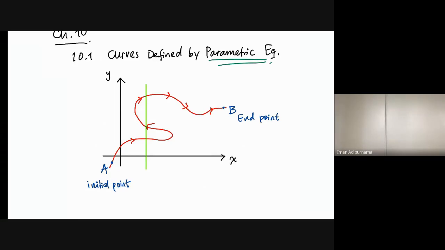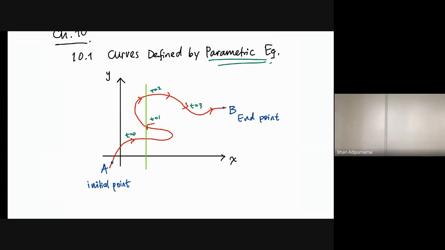So maybe it starts from here, t equals 0, t equals 1, t equals 2, t equals 3. This is just a random number and random curve that I want to show you how we visualize.